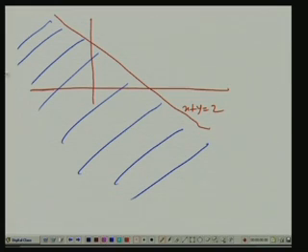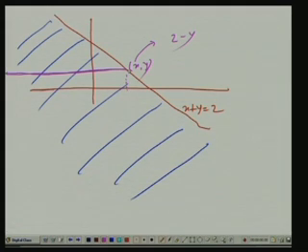I will first take a line. This line corresponds to x comma y, and obviously for this line y is fixed. And what is x? X is equal to z minus y.